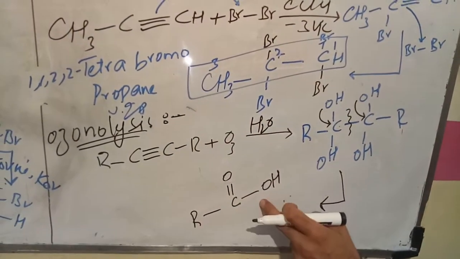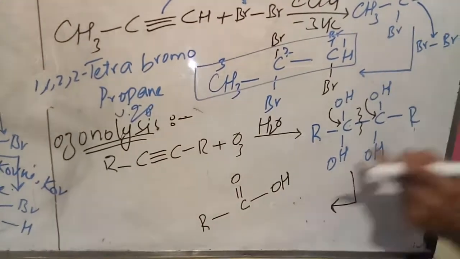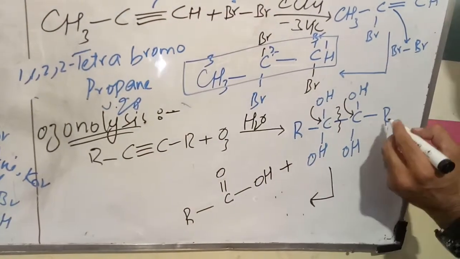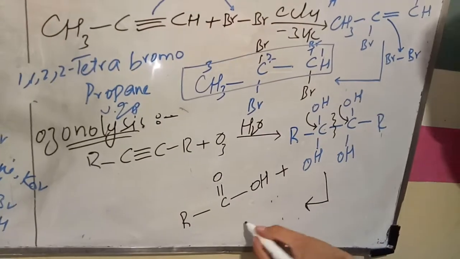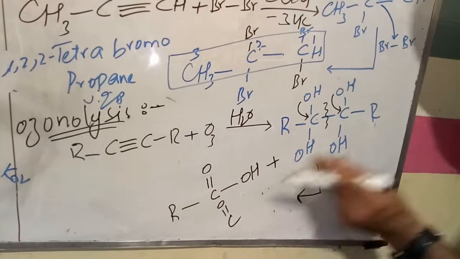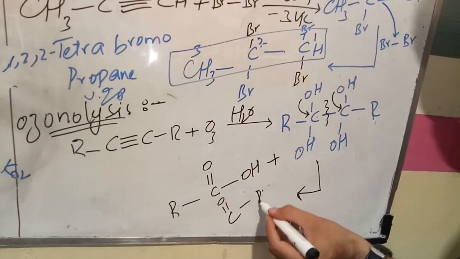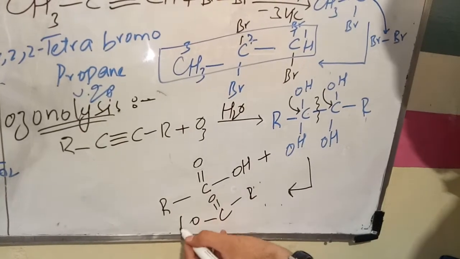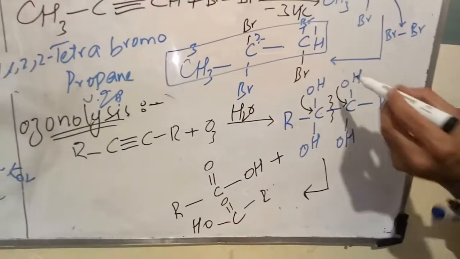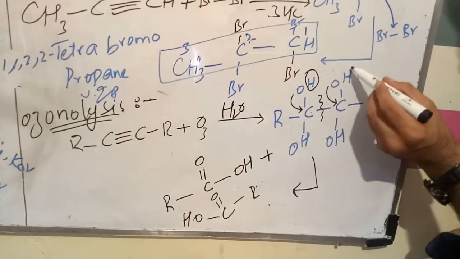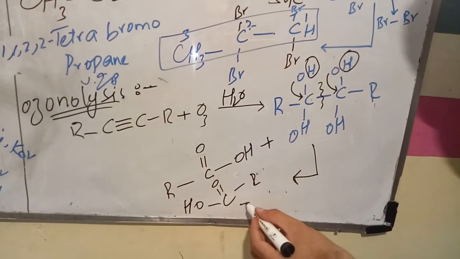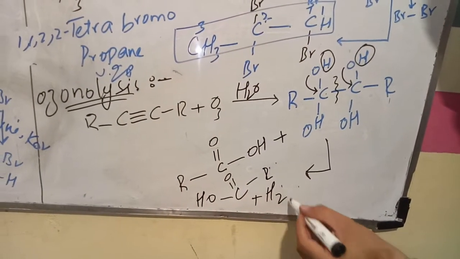So this will be our first product, that is known as acid. The same product will form on the other side. This carbon will make a double bond, one side has R and one side has OH, and our 2 hydrogen atoms will be reduced, and this will be a side product, H2.